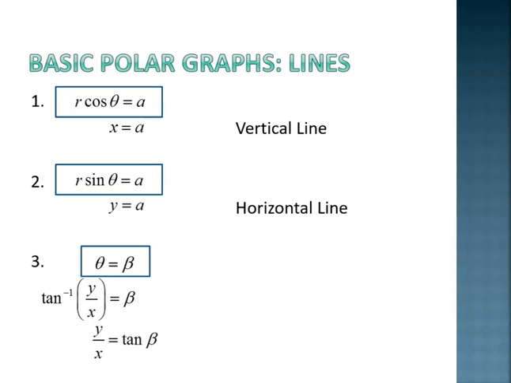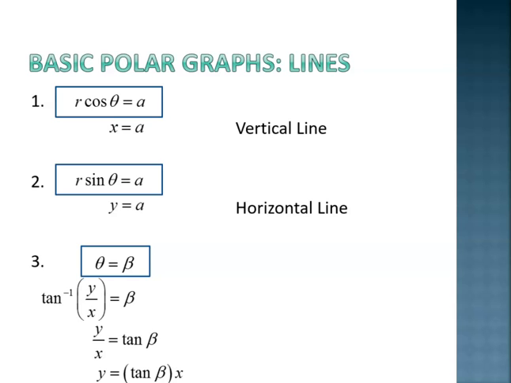Okay, so that's still a little bit hard to really see what kind of a line that is, but normally when we work with rectangular coordinates and we're trying to graph a line, you try to get y by itself, right? So let's do that here. We'll multiply both sides by x. So we have y equals tangent of beta times x. I've put tangent of beta in parentheses there, hopefully that makes it a little bit easier to see.